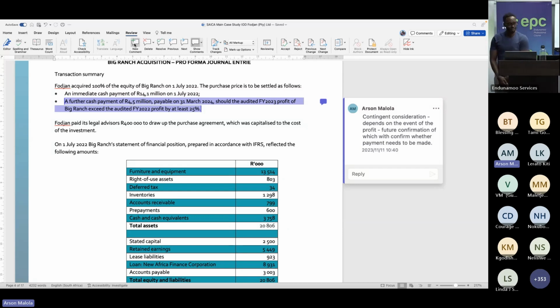Yeah, you can. The mic's coming to you. You recognize the fair value of that contingent consideration. Fair value. So recognize contingent consideration at fair value. I'm going to write your initial recognition.